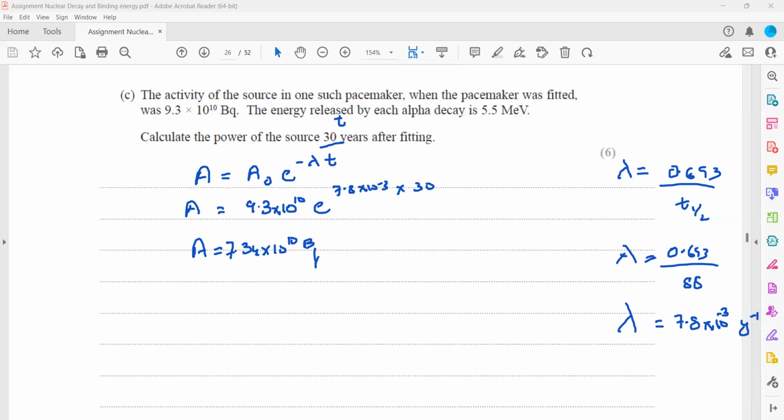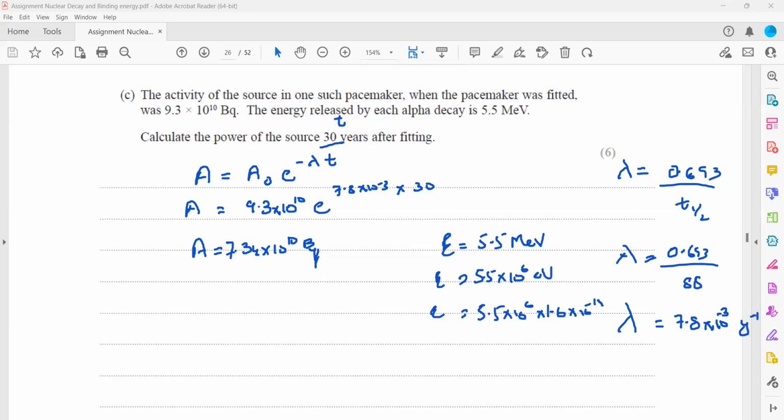This is how many radiations it emits every second. The energy of one alpha particle is 5.5 mega electron volt. We'll convert this into joules. So this will be 5.5 times 10 to the power 6 electron volt. To convert electron volt into joule, we multiply by 1.6 times 10 to the power minus 19.